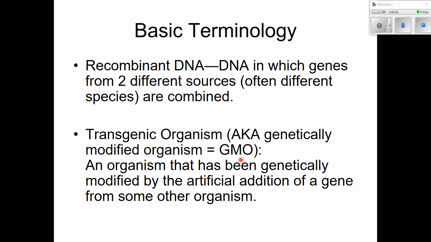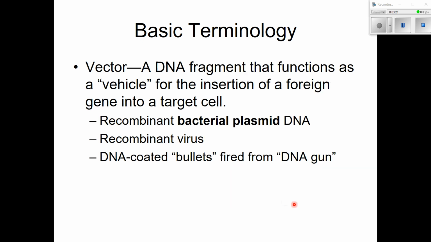We've all heard the acronym GMO. Genetically modified organism. It's just an organism that has been, well, genetically modified by artificially adding a gene that would normally not be present in that species. And again, usually that's adding a gene or moving a gene from one species to another.